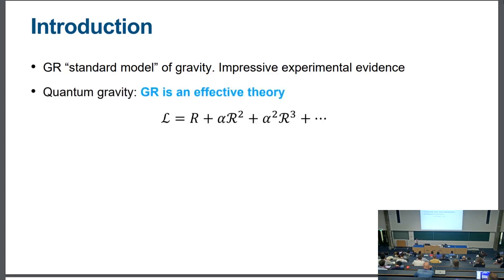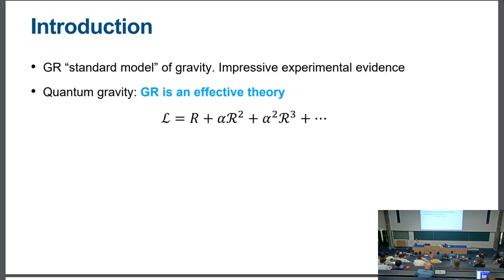But GR is not perfect, just like most theories. Now we know that GR must be seen from the lens of effective field theory, and that GR is just a low energy theory from a higher energy theory of quantum gravity. So what you need to do then is consider a Lagrangian.